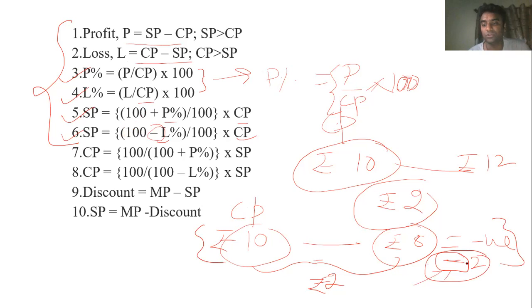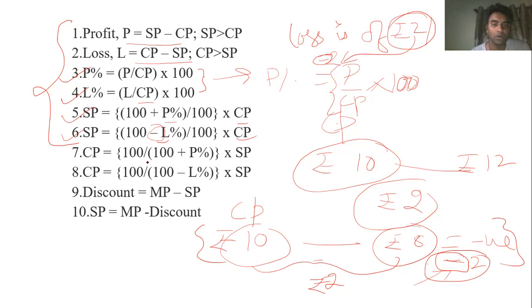But if you are writing it in such a way that loss is of 2 rupees, correct? Then in this case, this 2 should be substituted in such a way that it will have a minus sign, correct?